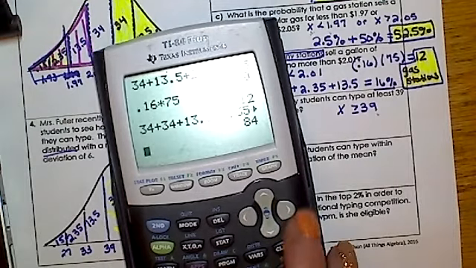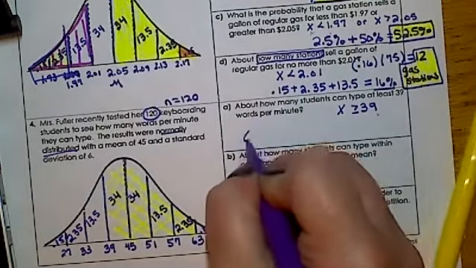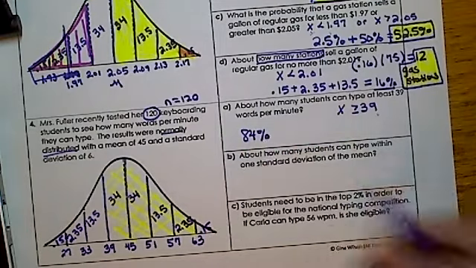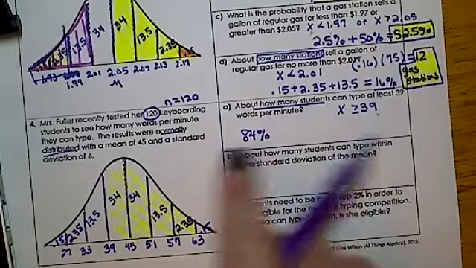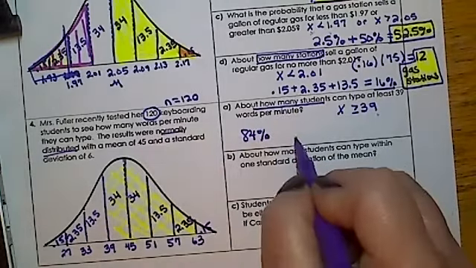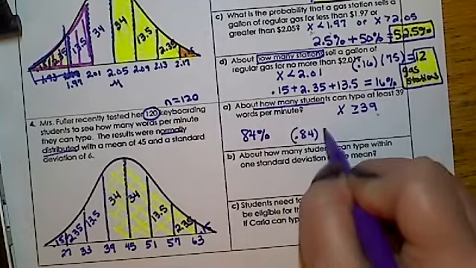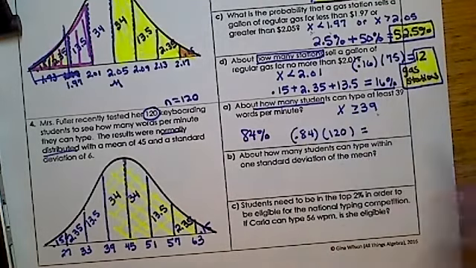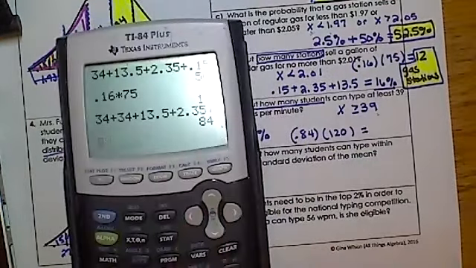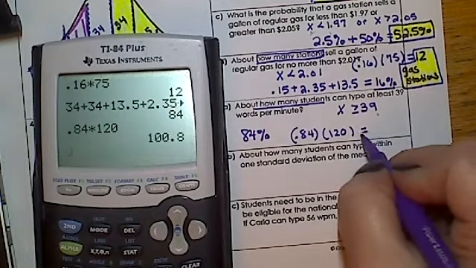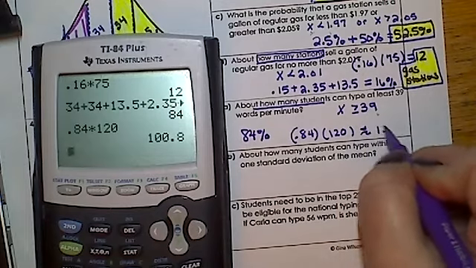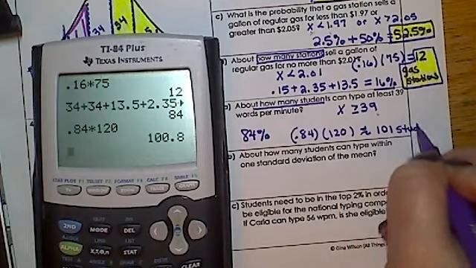And that gives us 84%. Now it's not asking for percent, but how many students? So we have to take 84% of 120, which gives us 100.8. So I'm just going to round that to approximately 101 students.